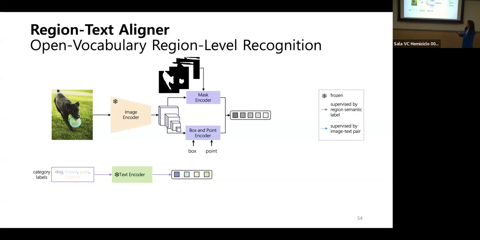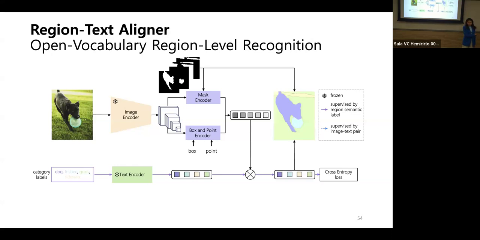We also have the frozen text encoder from CLIP to produce representations for each of the categories. Then we can compare these two representation spaces, and compute cross-entropy loss to do contrastive learning. For inference, we select the category label with the highest score for each of the segments.